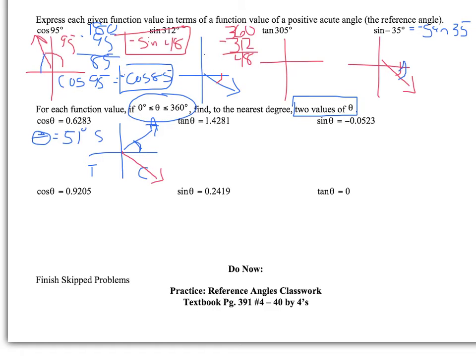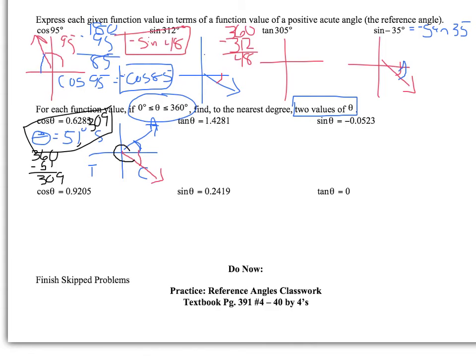So you draw your line in quadrant 4. Those two reference angles are the same that I drew, the blue and the red angle. What I want to find is the black angle. The way I find it is to take 360 degrees and subtract the red angle, which is equal to 51. 360 minus 51 is 309. So theta equals 51 and 309.